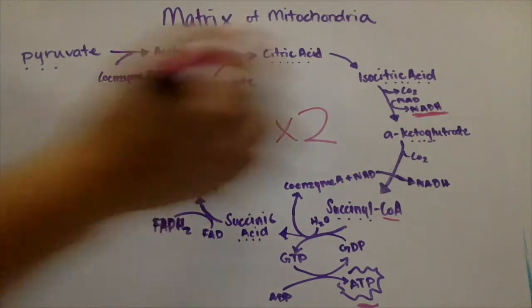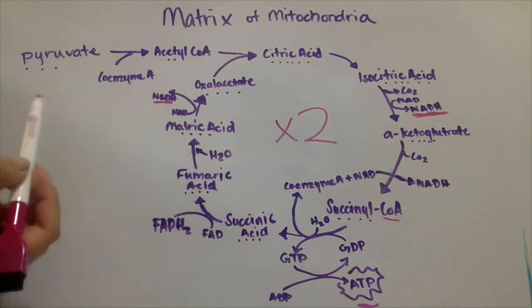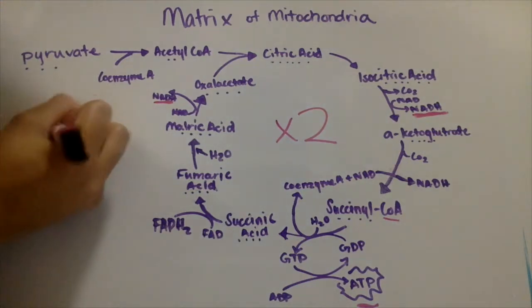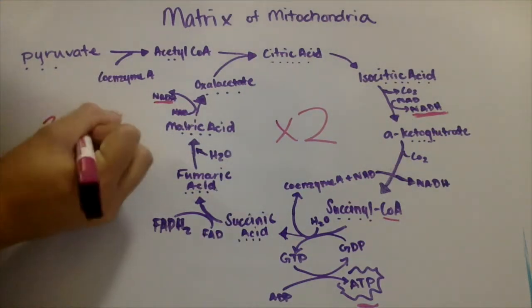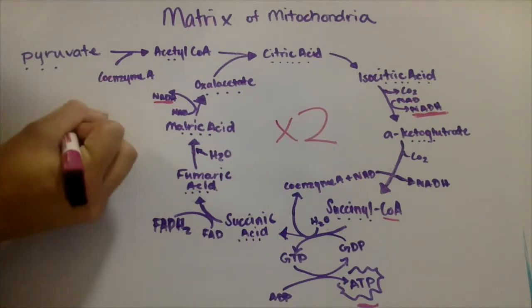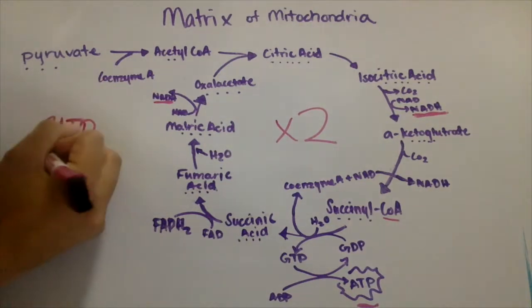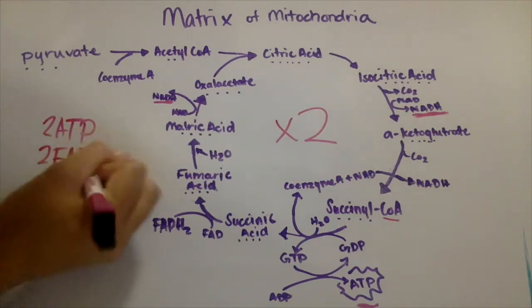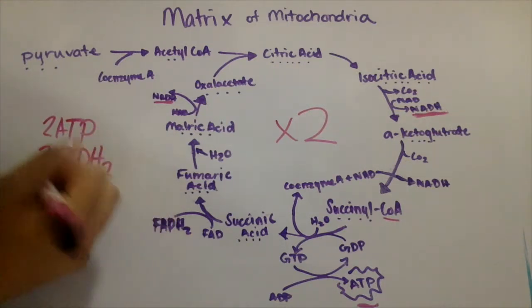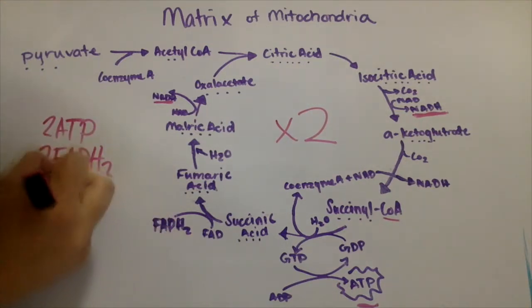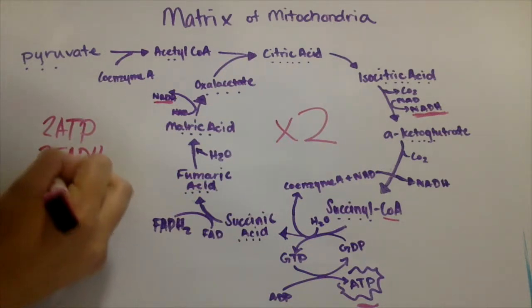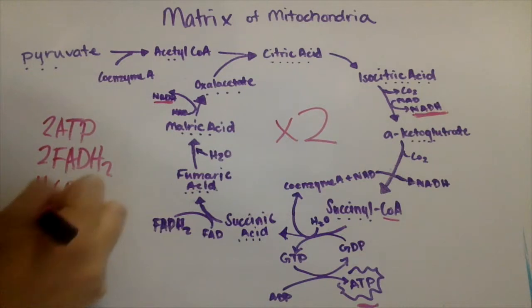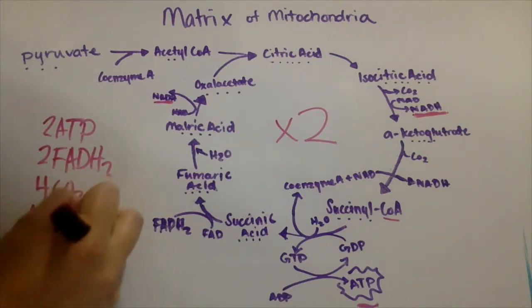After the cycle has gone twice because of the 2 pyruvates, we end up with a net gain of 2 ATP, 2 FADH2s, 4 carbon dioxides, and 6 NADHs.